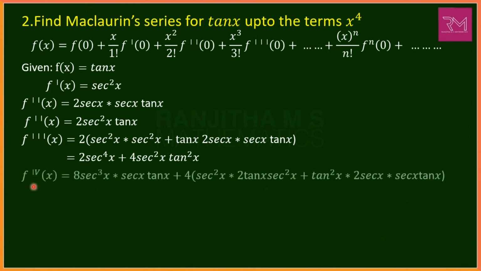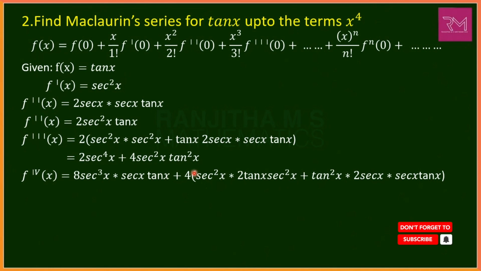After this, we have to find the fourth derivative of f of x. For that, here 2 into secant power 4 x, its derivative is 2 into differentiation of secant power 4 x, which is 4 into secant cube x. Here 4 into 2 is 8 into secant cube x into, also we have to find the secant x differentiation, that is secant x into tan x, plus 4 is constant, take as it is, into, here we have to apply the product rule for secant square x and tan square x.